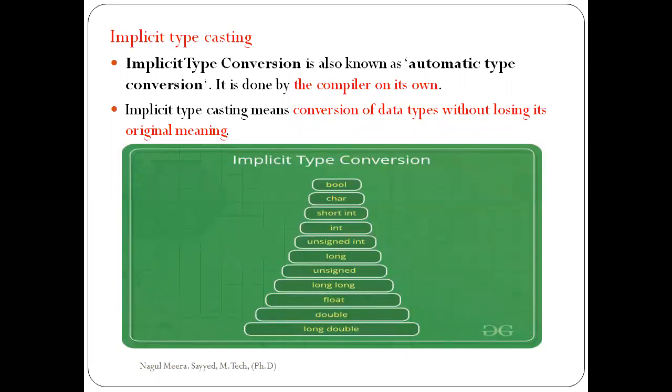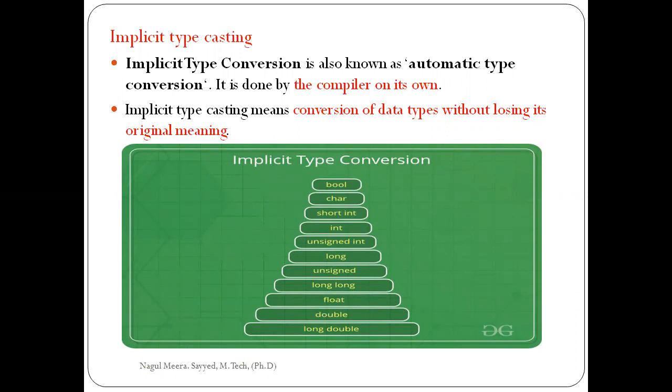So implicit type conversion is one type of type conversion, also called automatic type conversion. This is mostly done implicitly. What is the meaning of this?